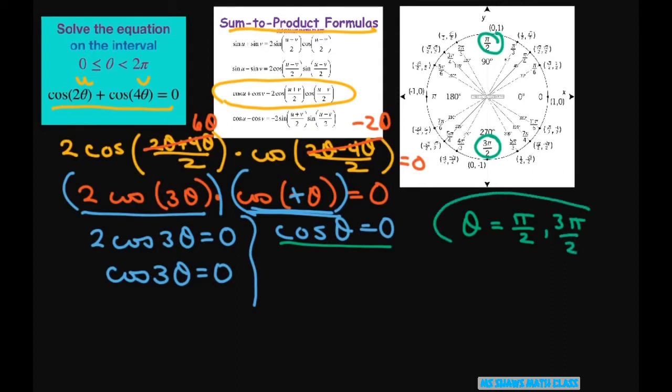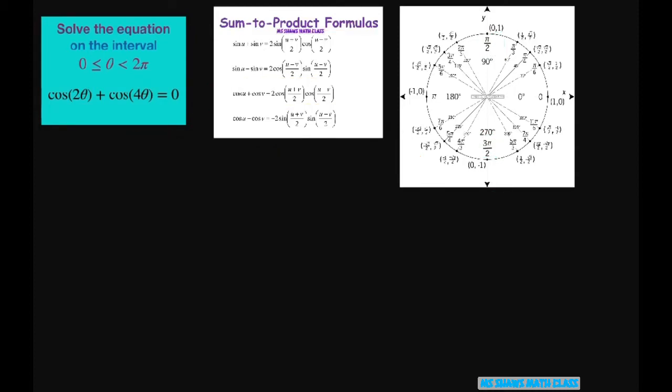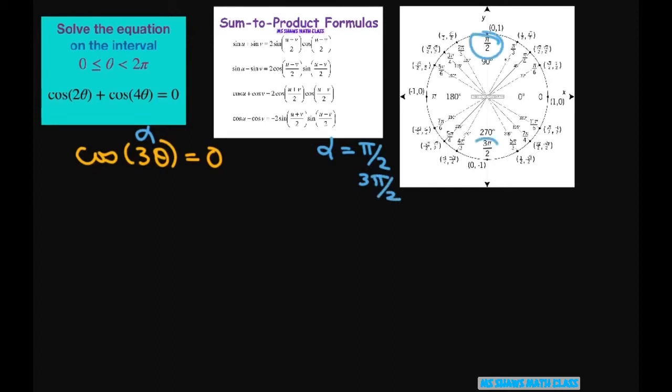So we already have two solutions. Now we need to find this one. So let's work on that one. That one's going to be a little harder. So let's do that. We have cosine of 3 theta equals 0. So if this is your alpha, then my alpha equals pi divided by 2 and 3 pi divided by 2, which we already established.